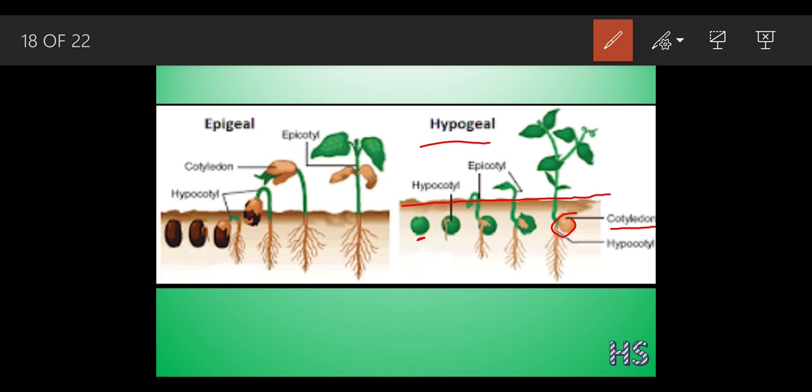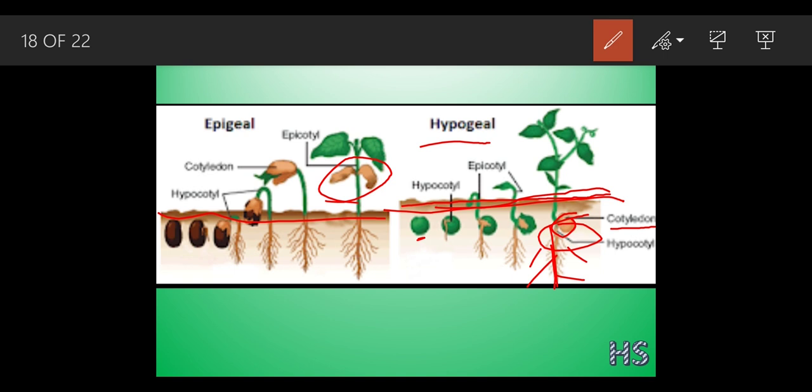We can see this cotyledon is attached to the root system. So that is why it is called hypogeal. Hypo means below the earth, because it is below the surface. This was above the surface here, and this was below the surface. So these were the two types of germination.